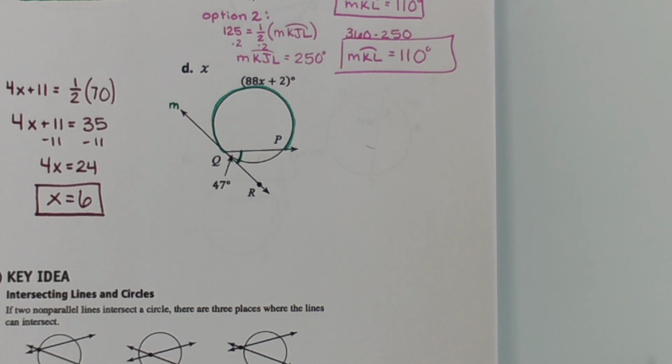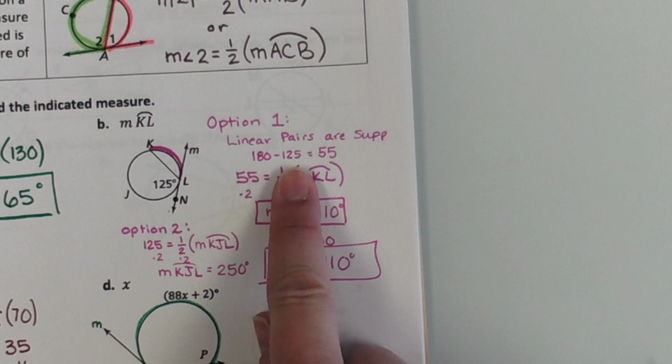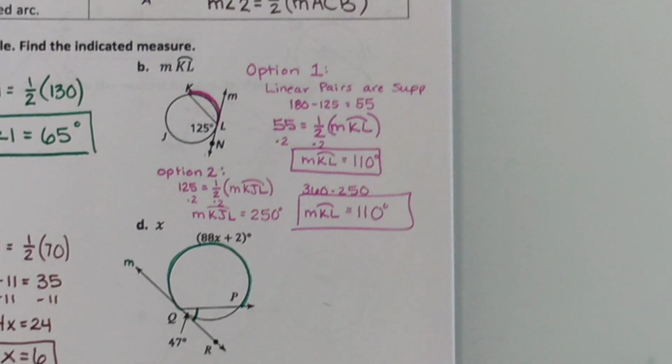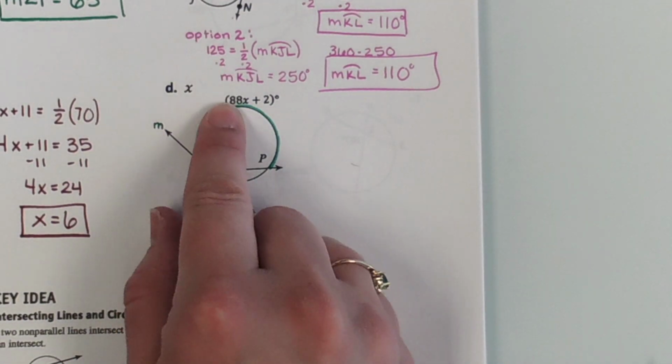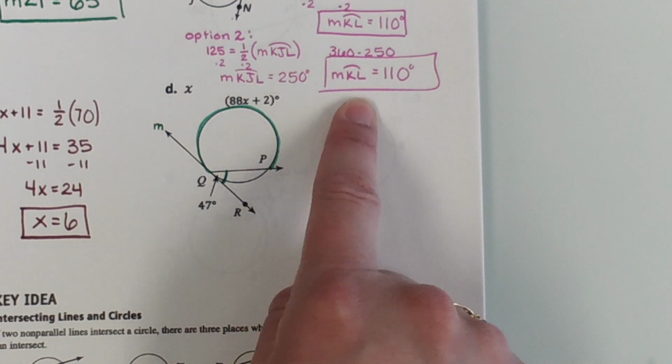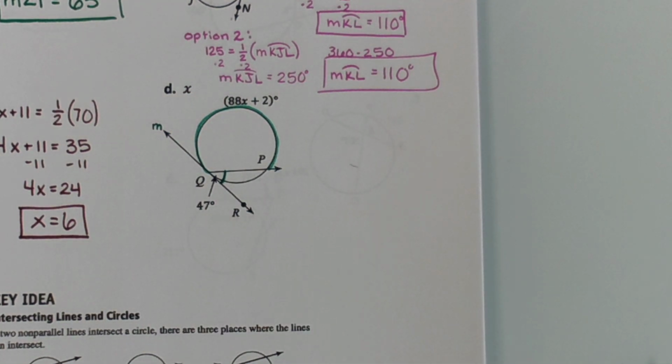Would you rather start with the linear pair to get the correct angle, or to find the incorrect arc and then move it into the correct arc? Option 2. Define the option. I personally think option 1 is easier on this one.